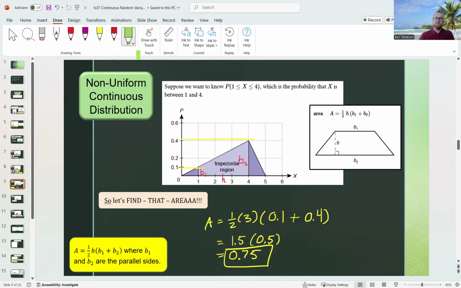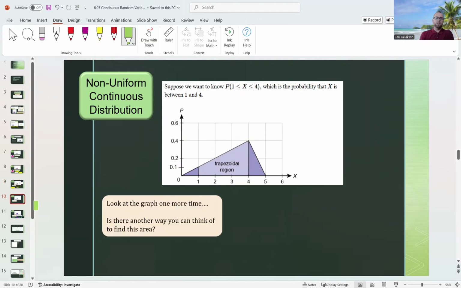All probabilities in a situation add up to 1 because there is a 100% chance of something happening, right? Okay. Well, that's one way to find the area, but you're smart, you're curious, you're creative. See if you can find a different way to find the area.